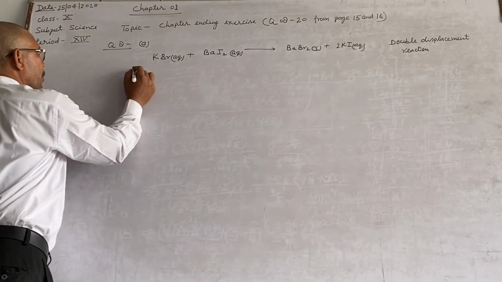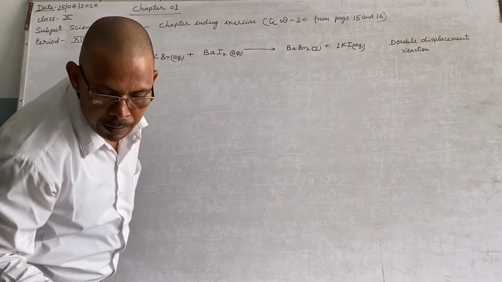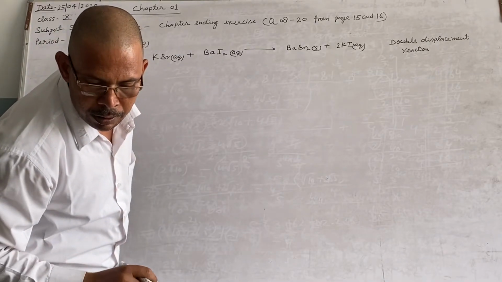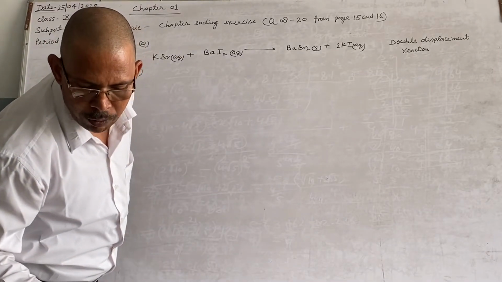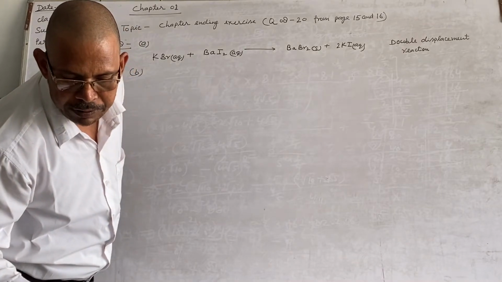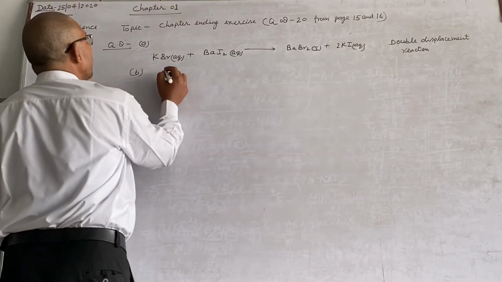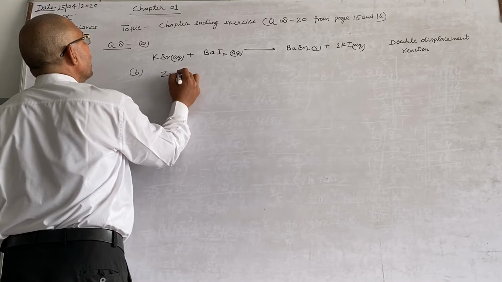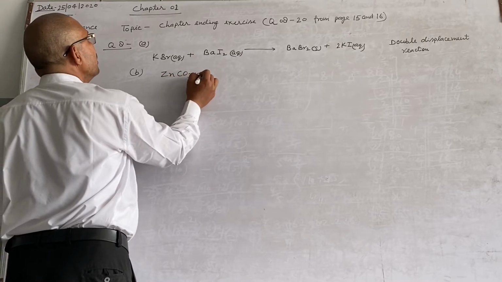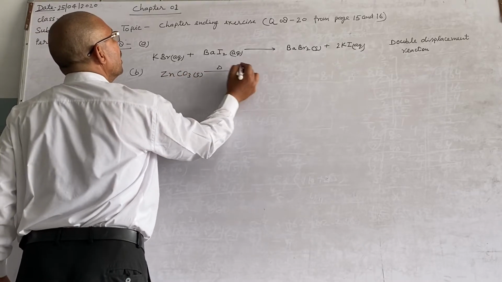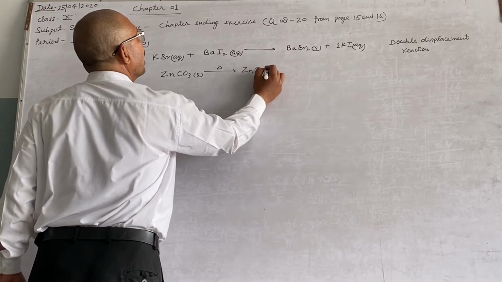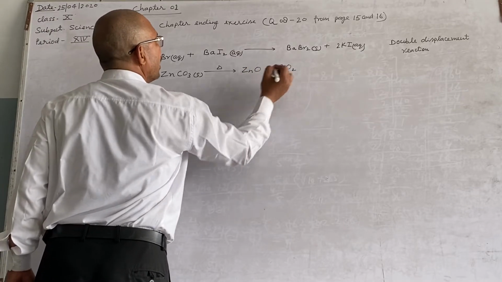B. Zinc carbonate, on heating it gives zinc oxide and carbon dioxide. Zinc carbonate solid, on heating it gives zinc oxide plus carbon dioxide.